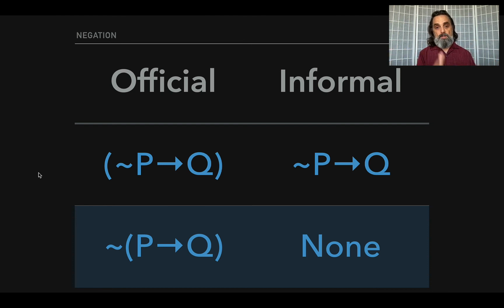Now we want to understand in more detail the difference between these two sentences: the conditional whose antecedent is not P and whose consequent is Q, and the negation of the conditional. They're obviously different sentences because the negation is in a different place, and one's a negation and one's a conditional, but we want to understand more deeply what their difference in meaning is, and so we're going to talk about that in the next video.